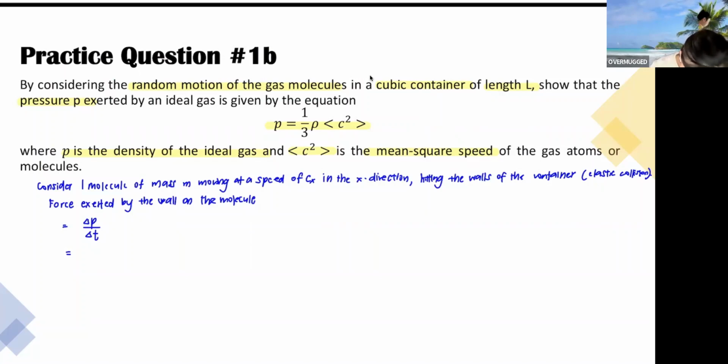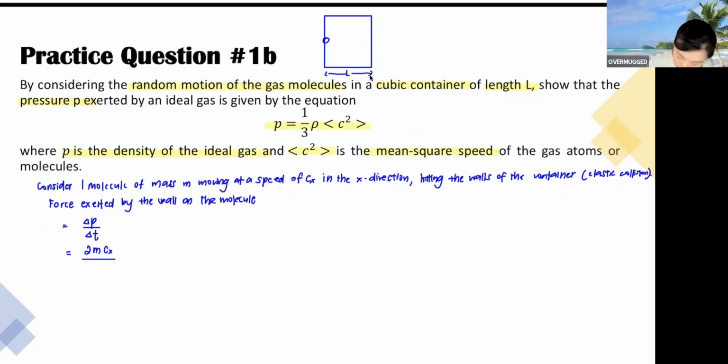So the change in momentum is actually equivalent to 2 times the mass and the speed. Why? Because your object is hitting onto the wall, then bouncing back with the same speed, just that it's in the opposite direction. So the mass is the same, so 2 times. And then the time taken is actually the time taken for the gas molecule to travel from one end of the container, of length L, from here to here, to the other end of the container, and then bounce back again.